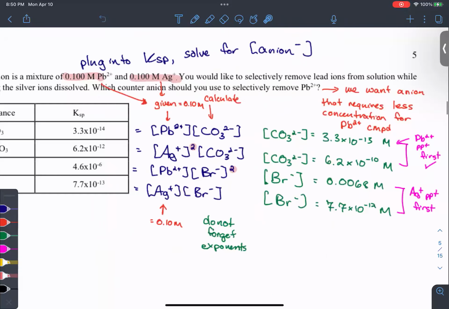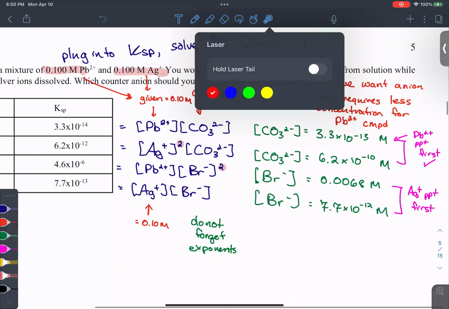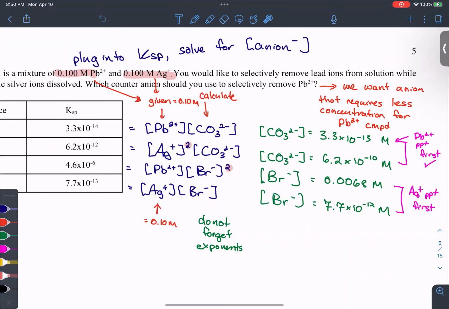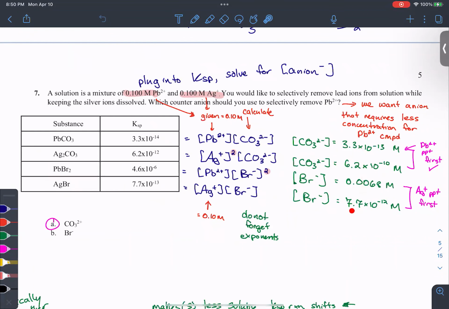When you do that, you're putting these 0.1 concentrations in as the given cation, and calculating the concentration of anion you need to reach these KSP values for these substances. I have all 4 of those here.